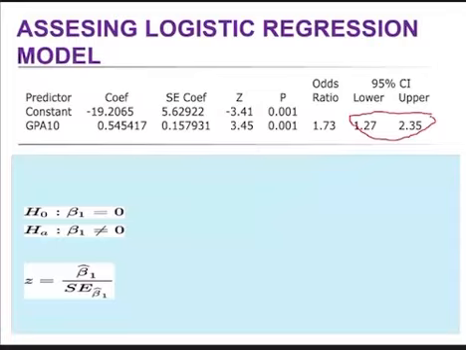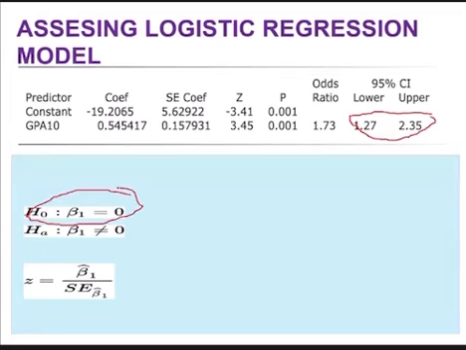Please pay attention. You are considering the ratio between yes and no, having a disease or not. Now, if they are equal, we expect the odds ratio to be what? To be 1. Does that make sense? If the odds ratio equals 1, then we are more likely not to reject.